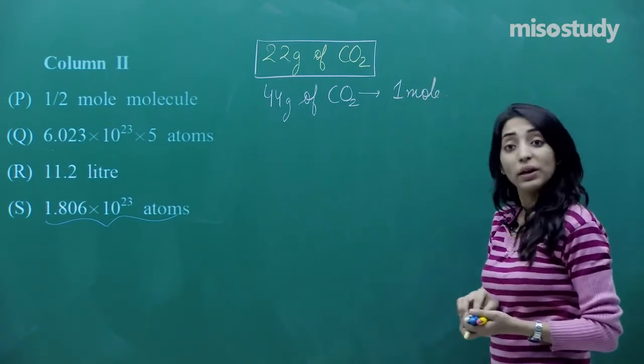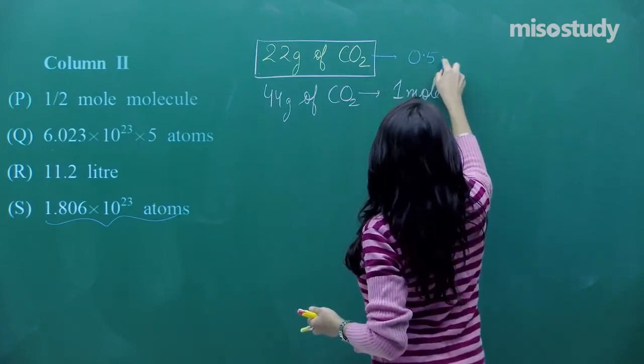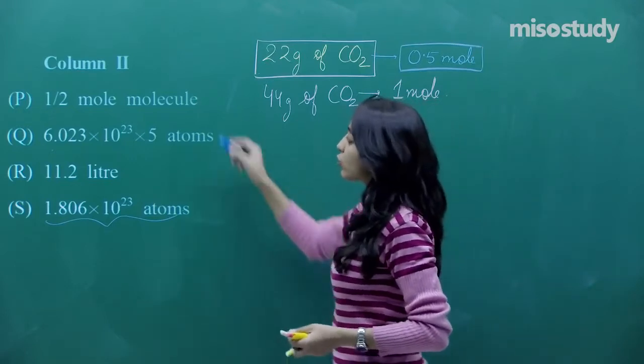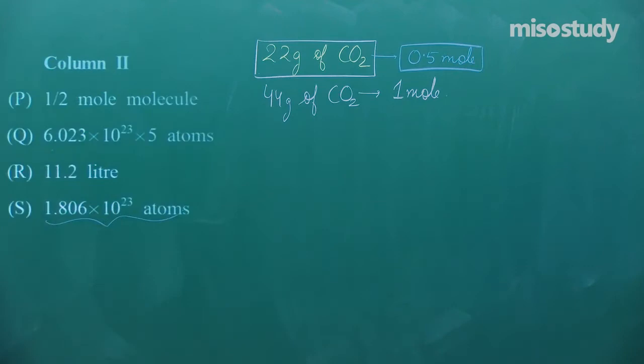So if you talk about 22 grams of CO2, it will be just 0.5 mole. So half mole molecules, that is correct. So P is the correct answer first of all.